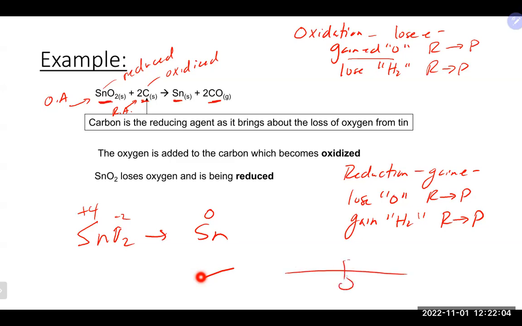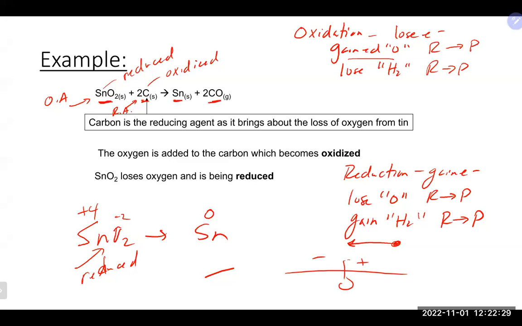So once again, if you were just looking at the tin, it started at +4, ended at 0, it's becoming more negative. And that would tell you that it is being reduced in this case. Because there was a metal, you could look at the oxidation states and still be able to determine it that way as well. Any questions on that there?